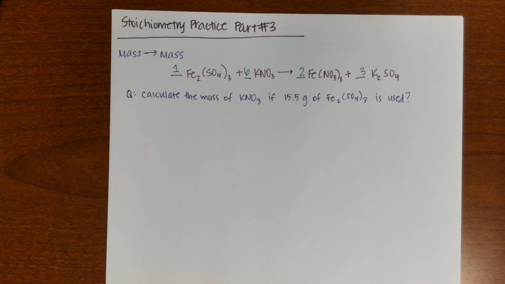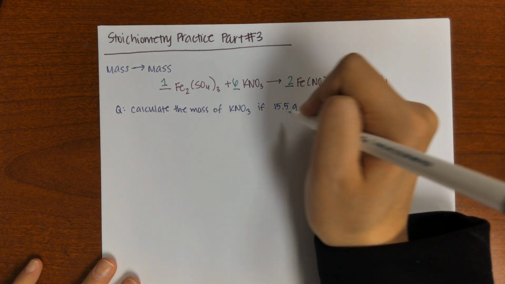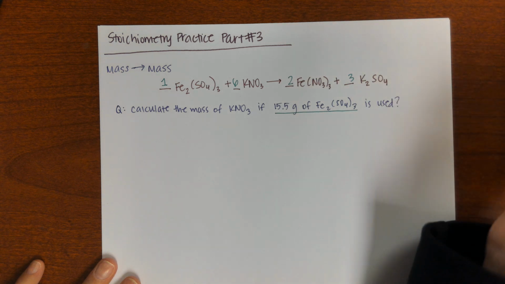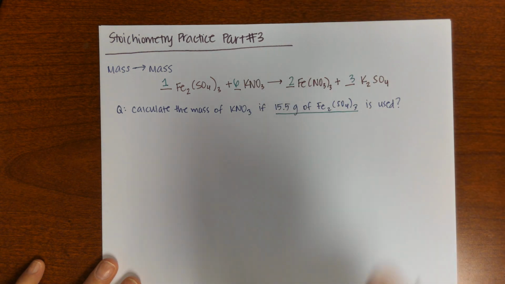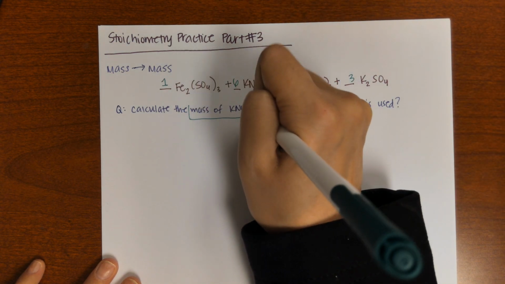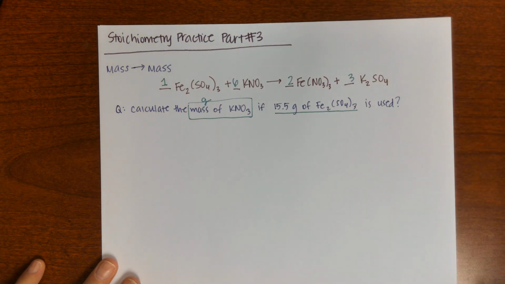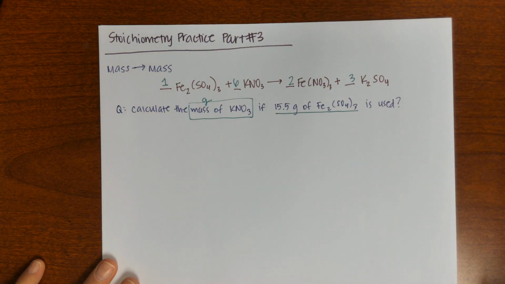Alright, so again, same exact process that we've always been doing, but it's just one extra step from our previous video in part 2. We have our grams of iron 3 sulfate, and we're trying to get to grams of potassium nitrate.